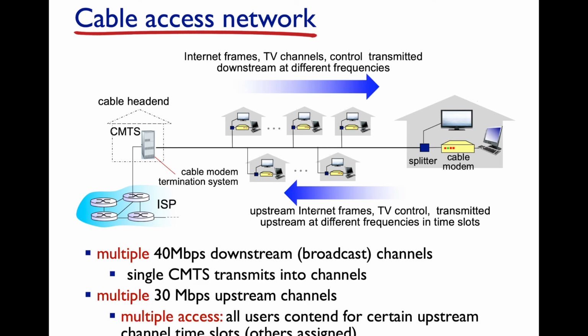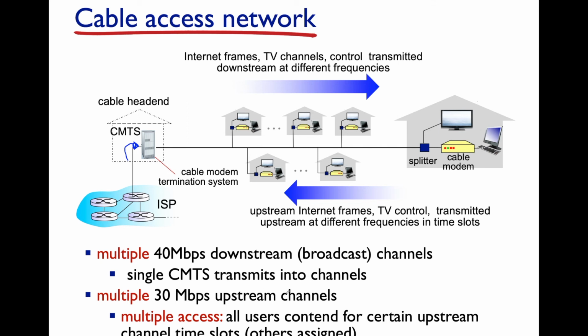And so you have multiple 40 megabit per second downstream channels, and you have a single CMTS, cable modem termination system, transmitting into these channels. So you have all that traffic, which is TV, in addition to the internet traffic going downstream, and then you also have multiple 30 megabit per second upstream channels.